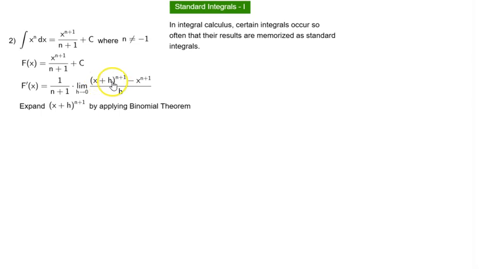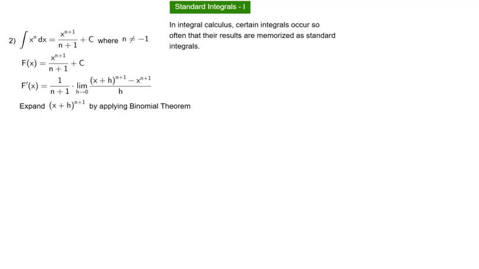Now we expand this term. The idea is that we have to start off by expanding this, and once we have expanded it, we try to arrive at this itself by subtracting this from the expansion and dividing the whole thing by h.